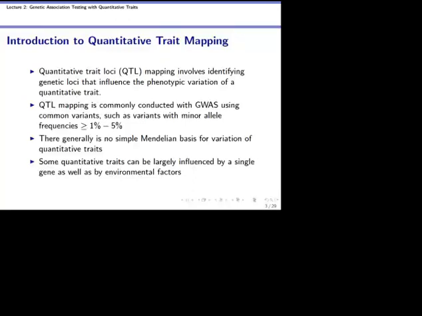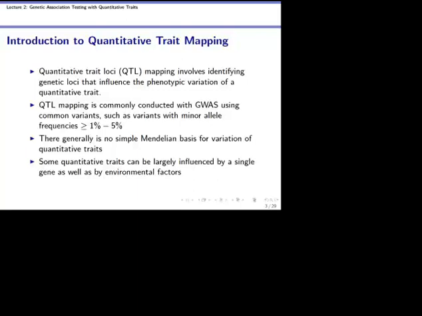It's the most commonly used approach for GWAS, and typically they'll restrict the analysis to variants that have allele frequencies greater than 1 to 5%. Mike is going to cover rare variants in more detail, for example when you have sequence data and variants that are less than 1% in the population. But for most genome-wide association studies, they're interested in common variants.